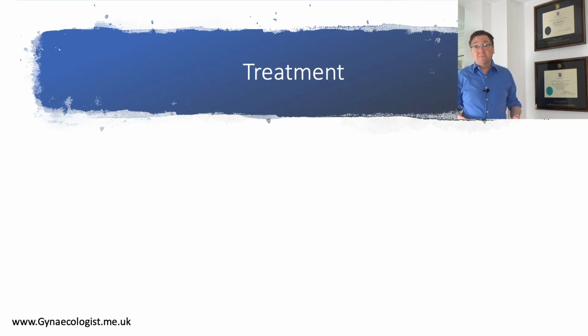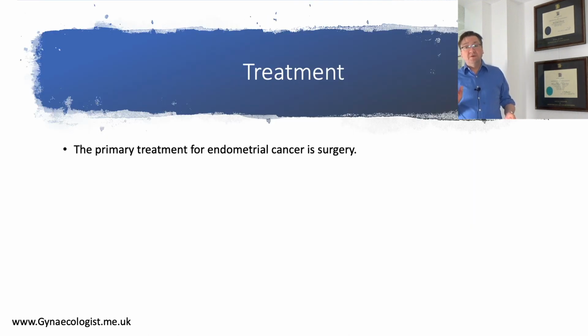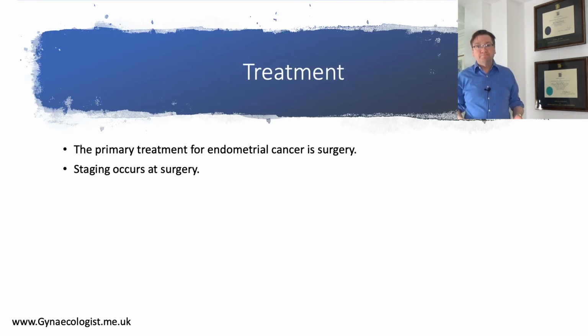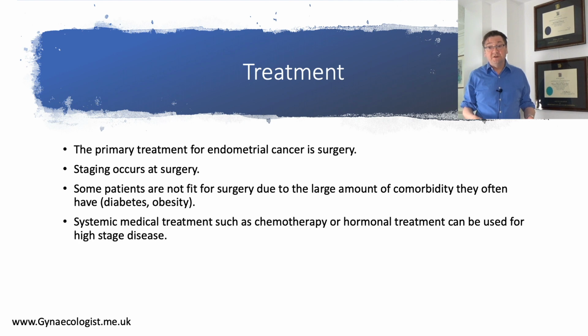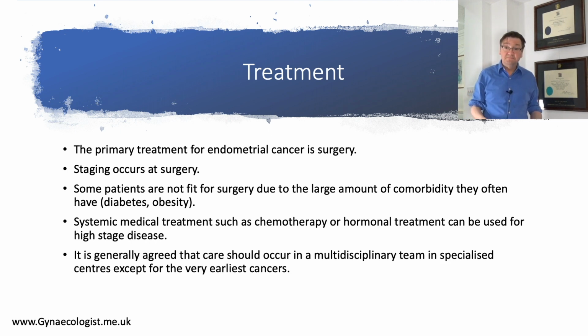Treatment. The primary treatment for endometrial cancer is surgery. Staging occurs at surgery for this reason. Now, some patients are not fit for surgery due to a large amount of comorbidity, such as diabetes and obesity. And systemic medical treatments such as chemotherapy and hormone treatment can be used for high-stage disease.